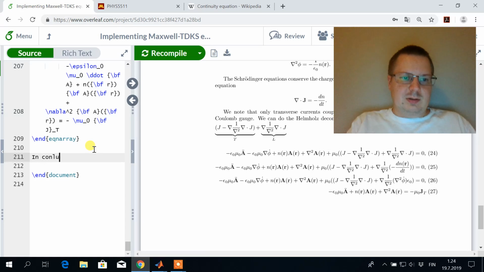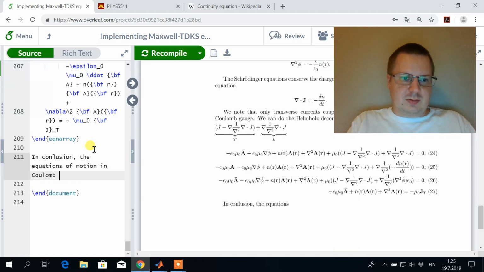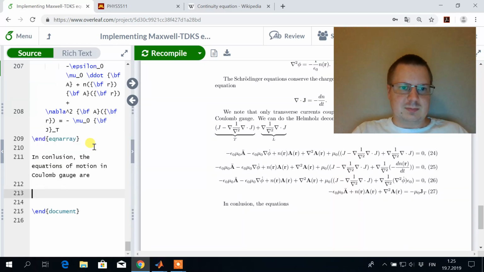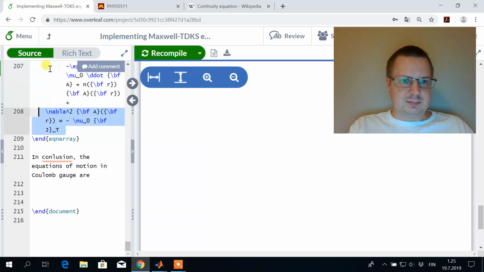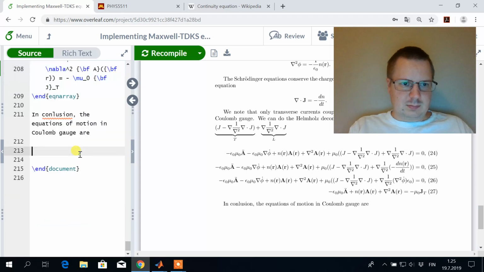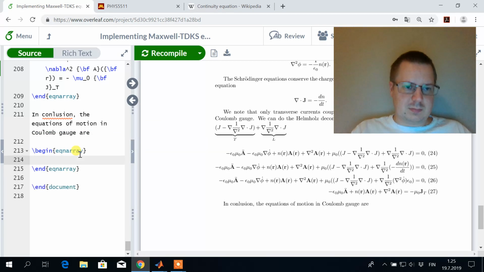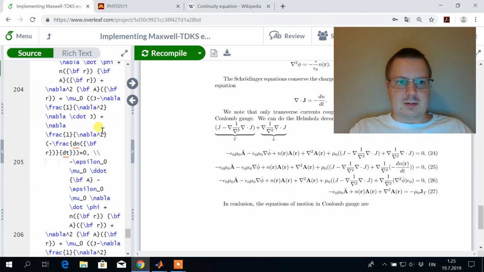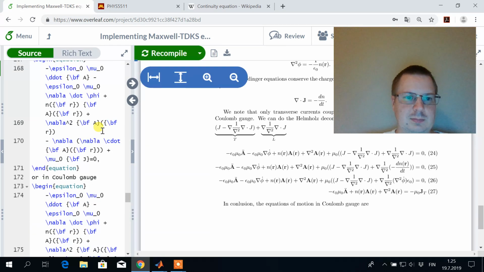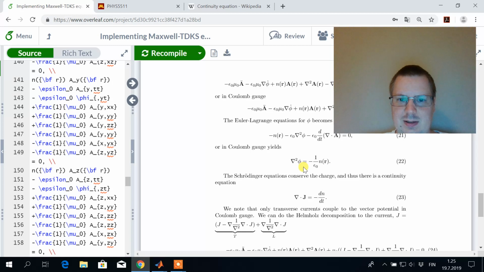Anyway, so in conclusion, the equations of motion in Coulomb gauge are. So it's this one. And then we have the Coulomb gauge.